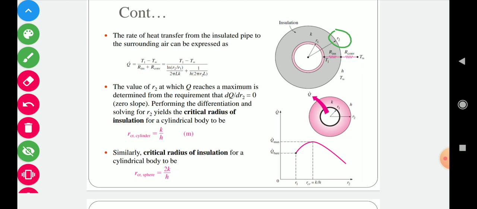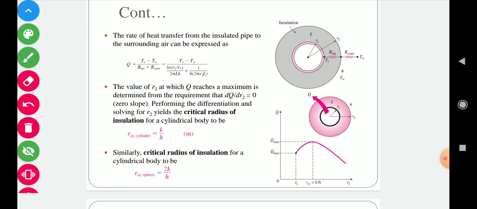T1 is the temperature at the inner surface, and the ambient temperature is T infinity. Now there are two resistances. One is due to insulation and the second one is convective resistance in the environment.